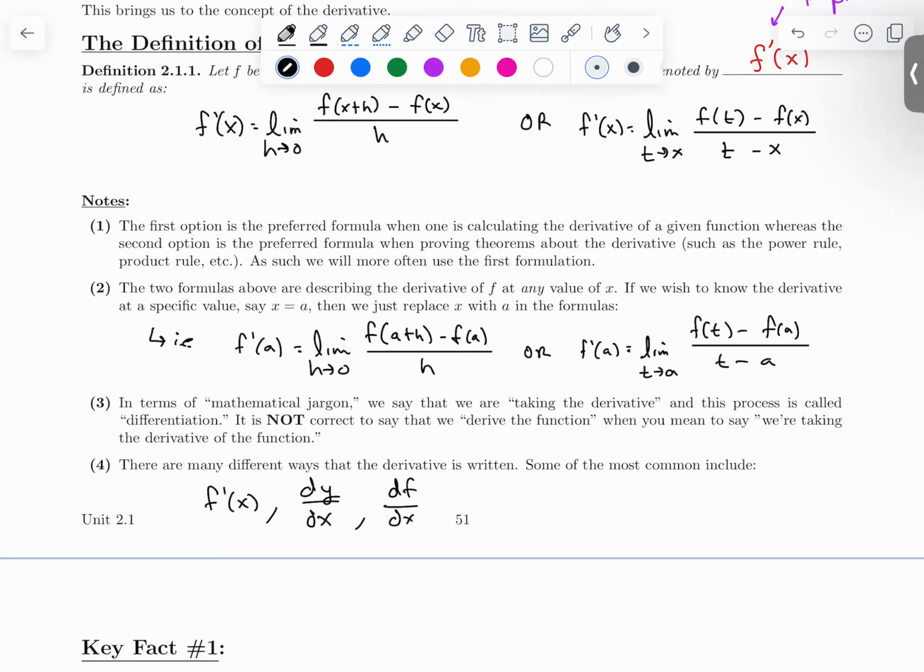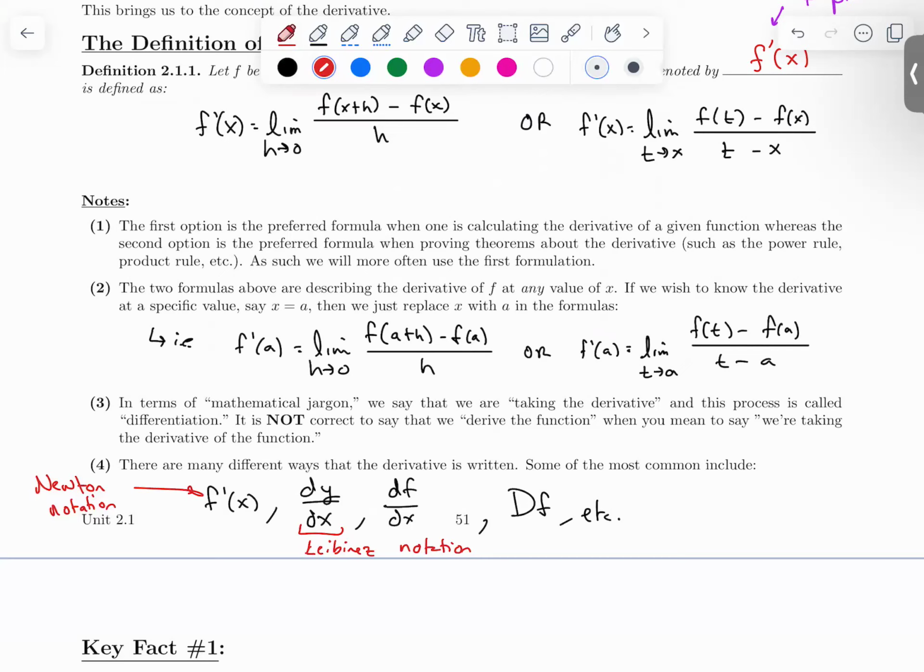And then if you look at some really old textbooks, they might say df like that, etc. There are many different ways to write it, and the context is useful. So this is Newton notation, and this is Leibniz notation. So it's a fun little history lesson.